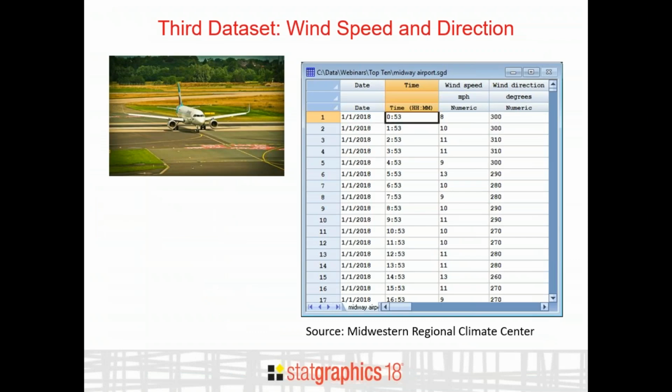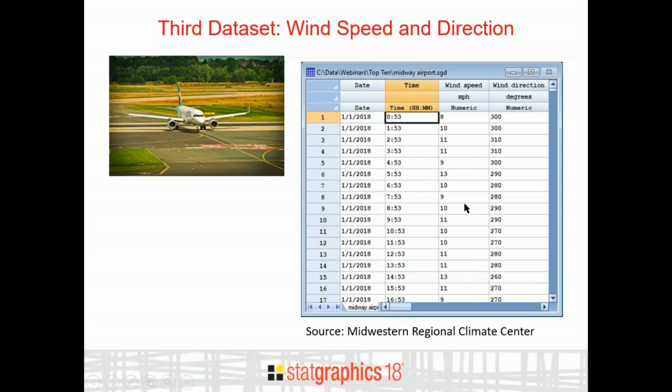Okay. The third data set I'd like to look at is another one that's of particular interest. It has to do with wind speeds and wind direction at Midway Airport in Chicago. Now, Chicago is called the Windy City, so when I decided to go look for some wind, it seemed appropriate to pull data from one of the airports at Chicago.